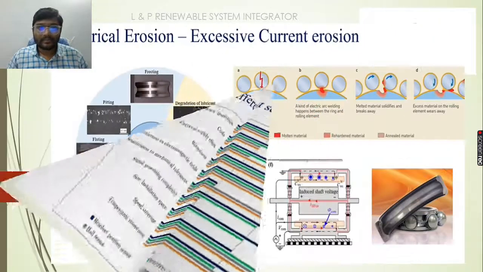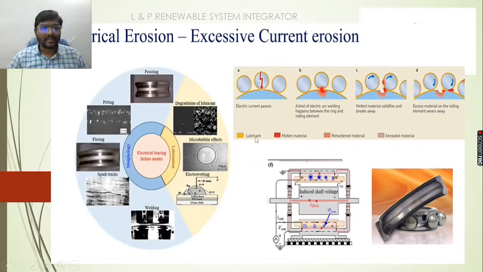See here, when there is a normal bearing, if it undergoes any floating or frosting, there is a possibility for electric erosion to happen. When the electrical current passes continuously, owing to it, an electric arc is created between the ring and the balls. Because of it, the material solidifies and breaks away.